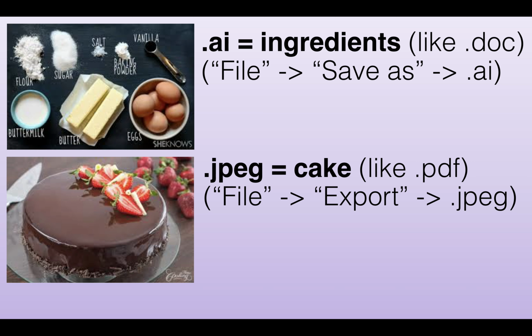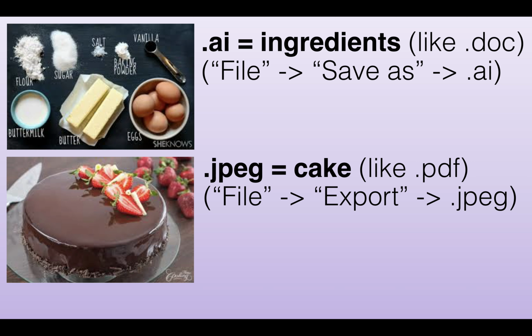A .ai file is like the ingredients to a cake: the flour, the sugar, the salt, the baking powder, the vanilla, buttermilk, butter, eggs. When you do File, Save as .ai, it's like saving all the ingredients so that you could remix and change them. When you save a .jpeg file or File, Export .jpeg, it becomes like a baked cake, which is good for its own reason.